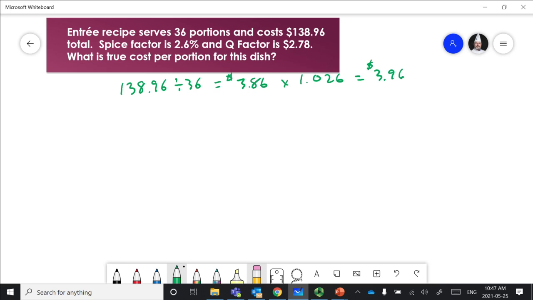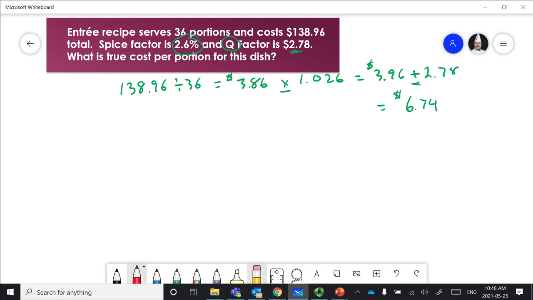Now we want to be adding on our Q factor, right? And our Q factor is $2.78. So we're going to add on our $2.78, and we'll end up with a true cost proportion on this dish of $6.74, right? The key to this one is remembering that spice factor is 2.6%, so it's multiplied, and then Q factor is a portion cost, so we need to add that, right?